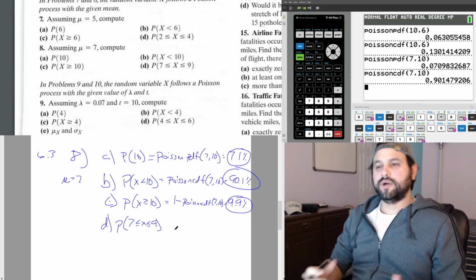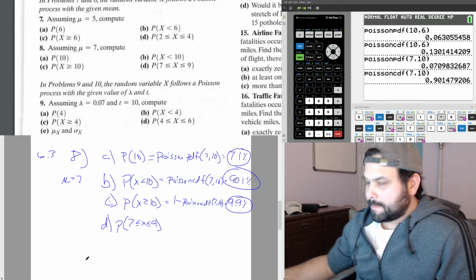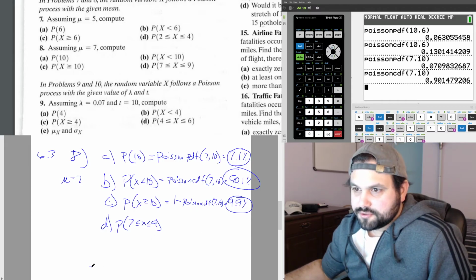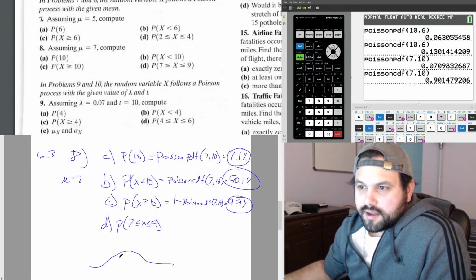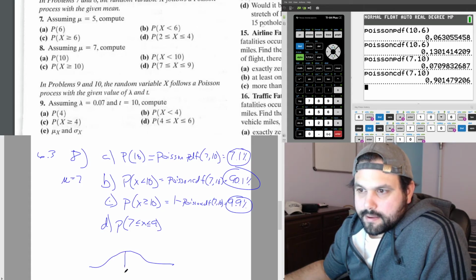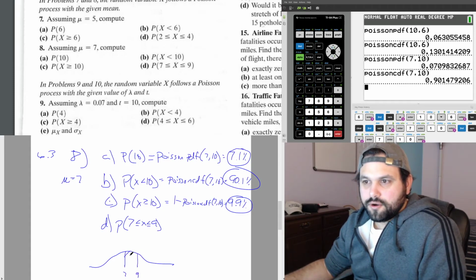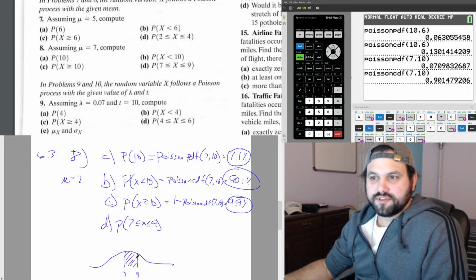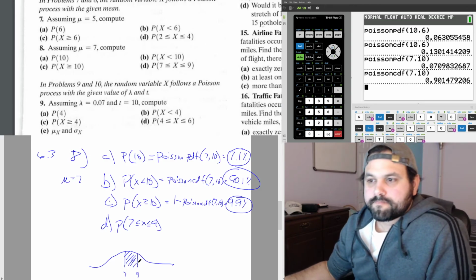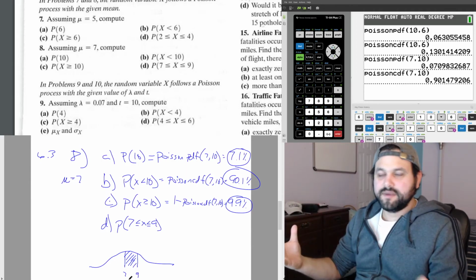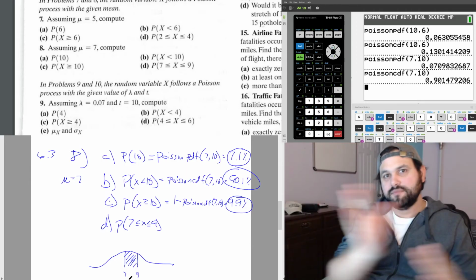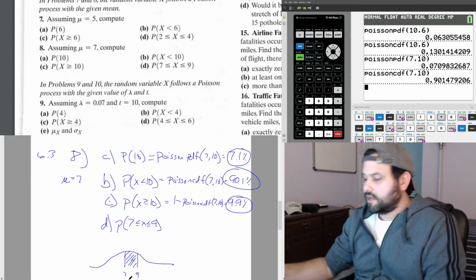So how are we going to answer this question? Well, if we think about this visually, if I have a distribution, and let's say I have 7 here and I have 9 here, I essentially want to know what this area is, what this probability is, okay? And I have PDF that can give me exactly one value. That's not going to be helpful. And I have CDF, which can give me less than a certain value. That's going to be helpful.